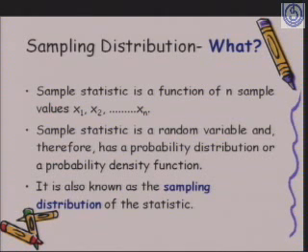It is also known as the sampling distribution of the statistic. So suppose you have n variables in the sample. These n variables are denoted by x1, x2, x3 up to xn, and the distribution attached with these sample values is called the sampling distribution of that particular statistic.